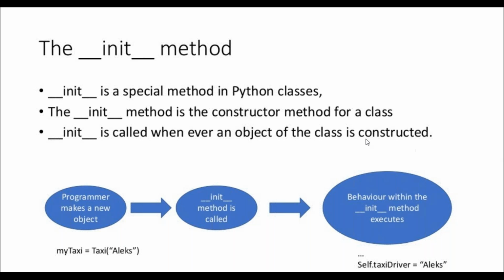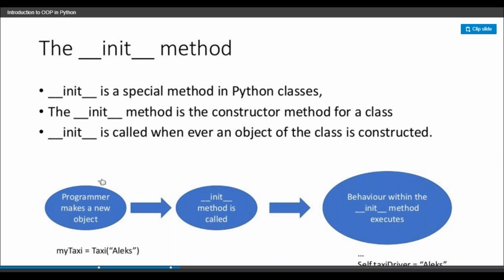Like when a programmer makes a new object. See here the visualization: the programmer makes a new object, the init method is called, then the behavior of the init method is executed. For example, my taxi is equal to taxi of Alex.